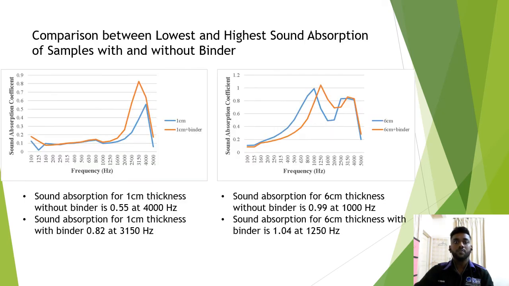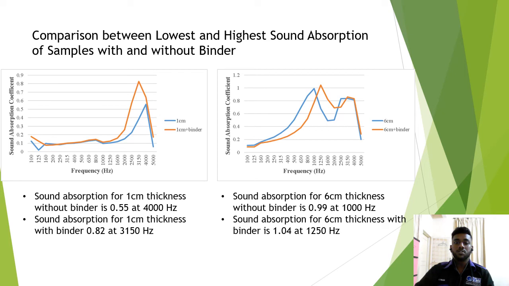This is the comparison between the lowest and highest sound absorption of the sample with and without binder. Without binder, for 1 cm thickness, the sound absorption is 0.55 at 4000 Hz, and with binder it is 0.82 at 3150 Hz.